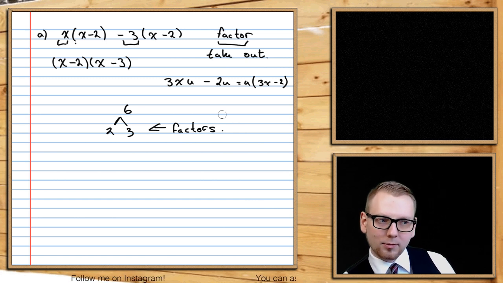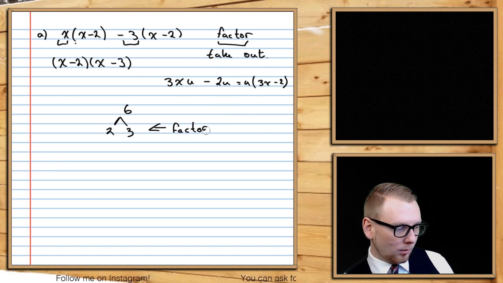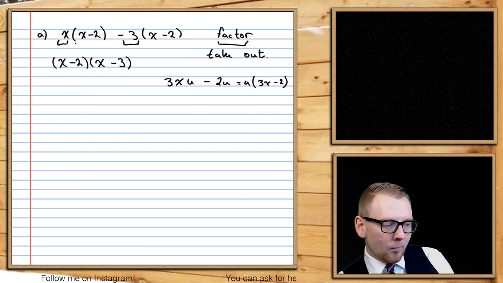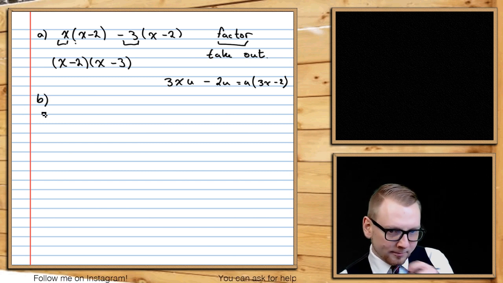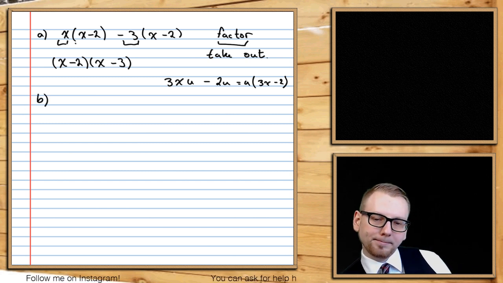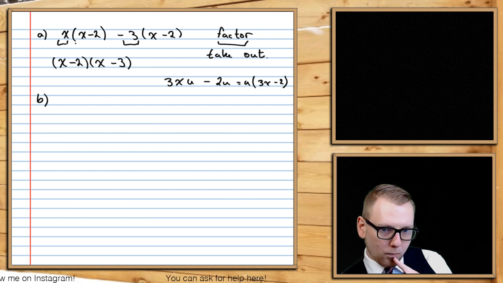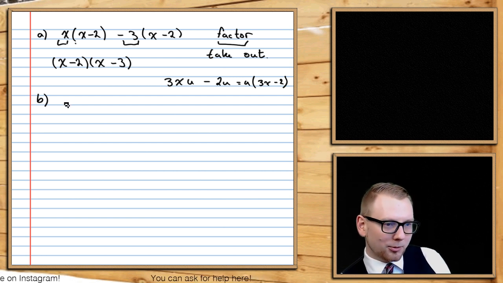Okay, B is a different kind of problem. It's a little more complicated. Yeah, exactly. You find the two numbers.